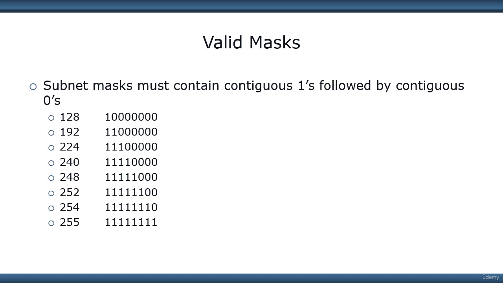In a subnet mask, there are only 9 possible choices. All right. The one choice that's not on there is, of course, all zeros. 128 is just the first one. 192, 224. You can see how the number of ones are increasing. 240, 248, 252, 254, and 255. Those are the possible subnet mask values and their binary equivalent.